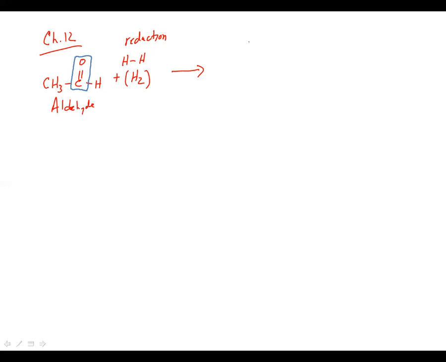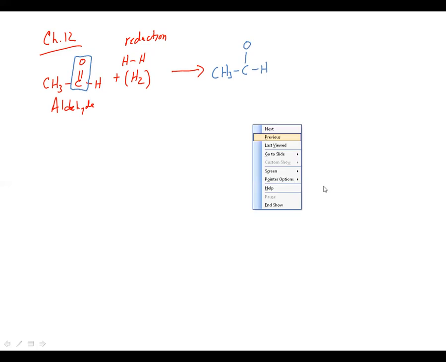So what happens is, much like what we've seen with double bonds before in an addition reaction, we are going to make that double bond into a single bond, almost like what we talked about with alkanes, but instead of between two carbons, it's between the carbon and the oxygen here. And that's going to allow room for each of these hydrogens to be added on.